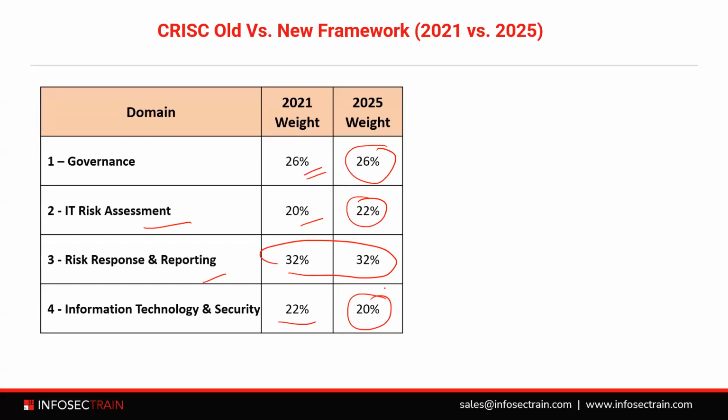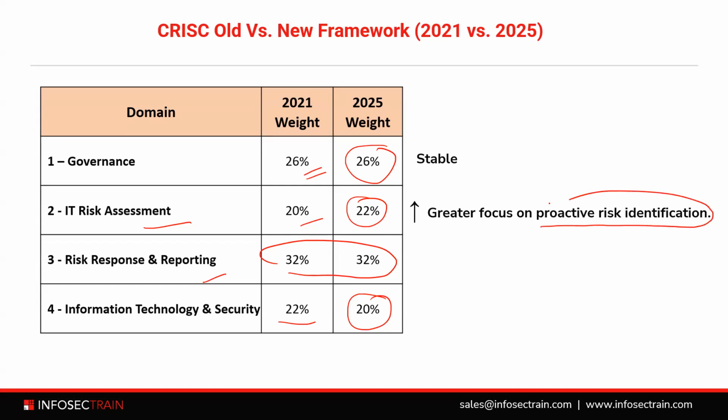Now let's have a quick highlight of what exactly changed in each domain. Domain 1 is stable, no change. Domain 2, IT risk assessment, the weightage has been increased by 2%, so the greater focus is on proactive risk identification.